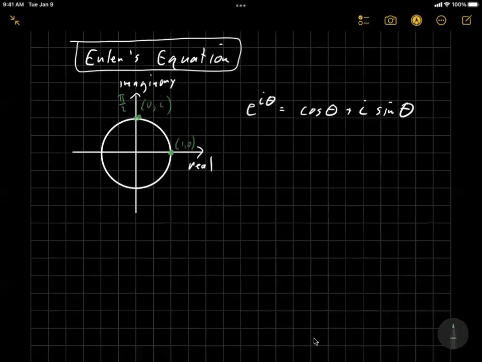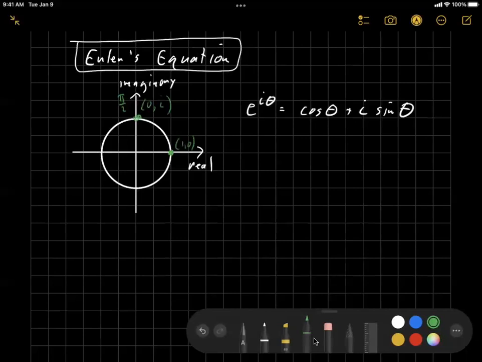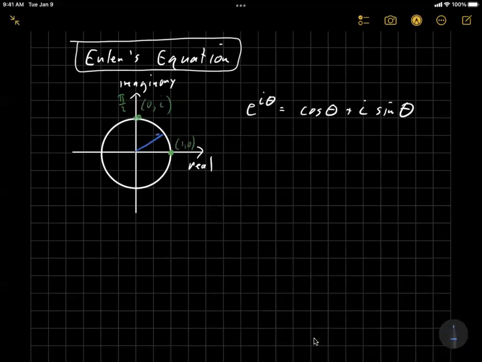So let me just generically draw in a vector at an angle of theta to represent visually Euler's equation.